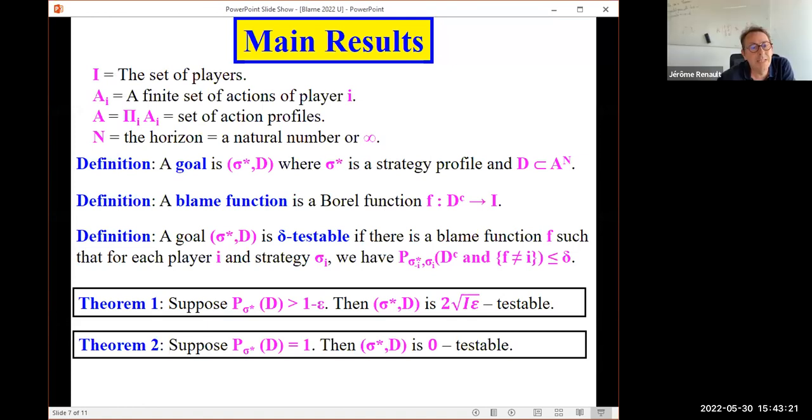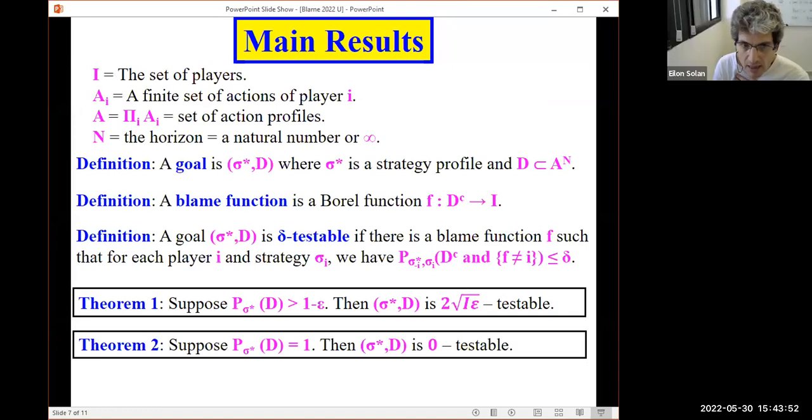Okay, because P sigma star of D equals 1 means it's feasible to be in D somehow, and 0 testable means you can test. So if you fear to be punished, if you're not, it looks similar, no? But yes, can this be used to prove existence of epsilon equilibria in infinitely repeated games with more and more stages, the set of feasible and individually rational payoffs, things like this?